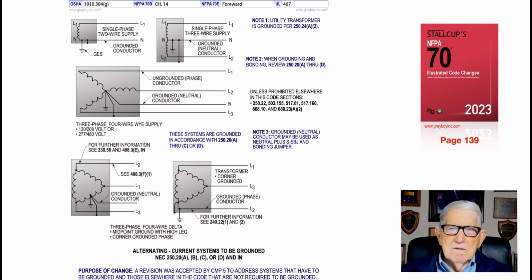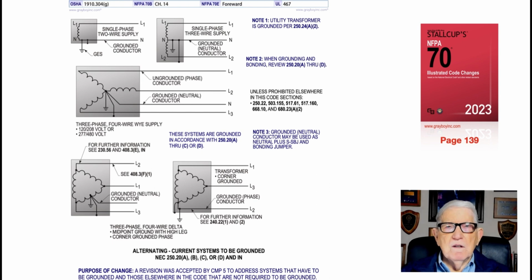And then down below the Y-connected transformer, we pick up a delta-connected transformer, and we're picking up 240 volt from L1 to L2 and L3, but the center tap of the 240 volt windings you see there, we pick up 240 volt from L1 to L2, but 120 volts from L1 and L3 to the grounded conductor, and then L2 above it is our high leg that we would look at.